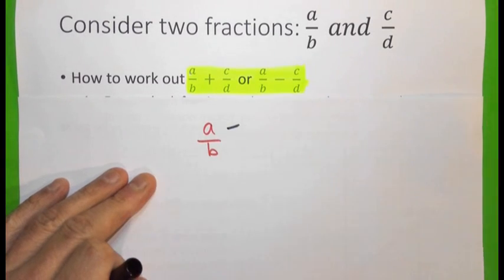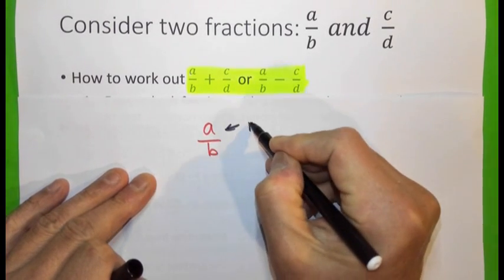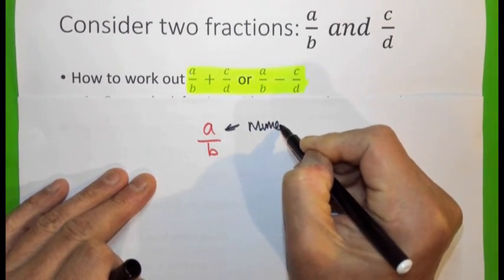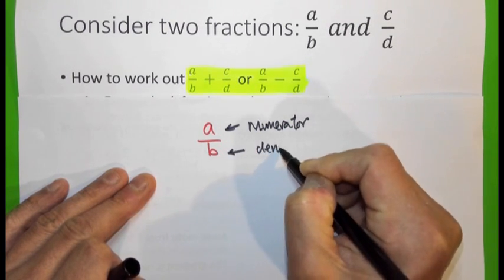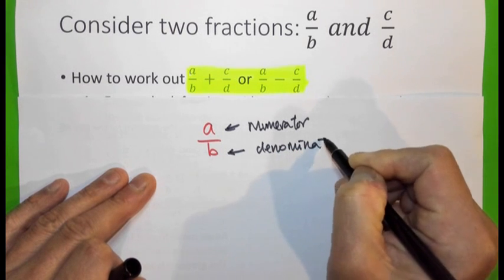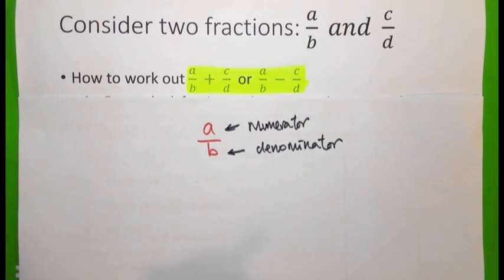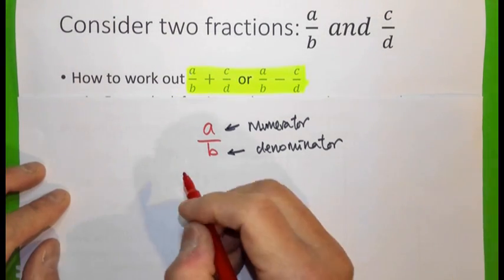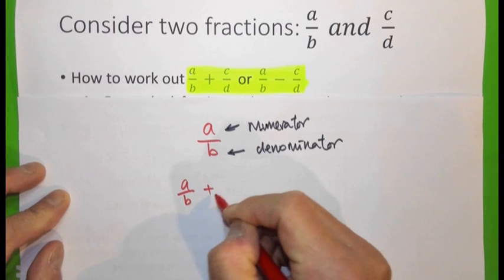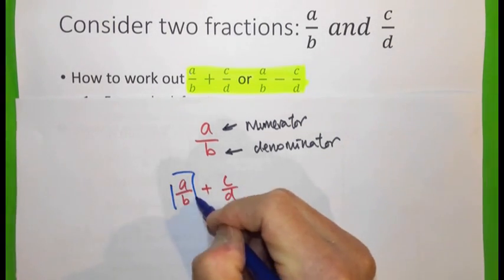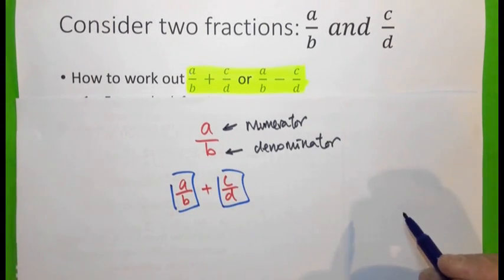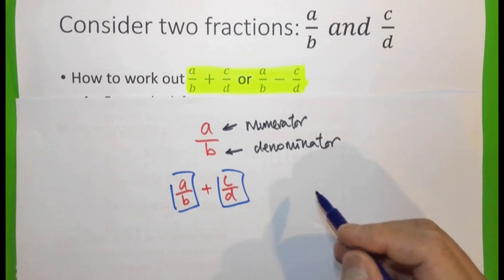Now, you need to recall that for a fraction a over b, this is called the numerator, and this is the denominator. What we need to do to add a over b and c over d is rewrite them with the same denominator.